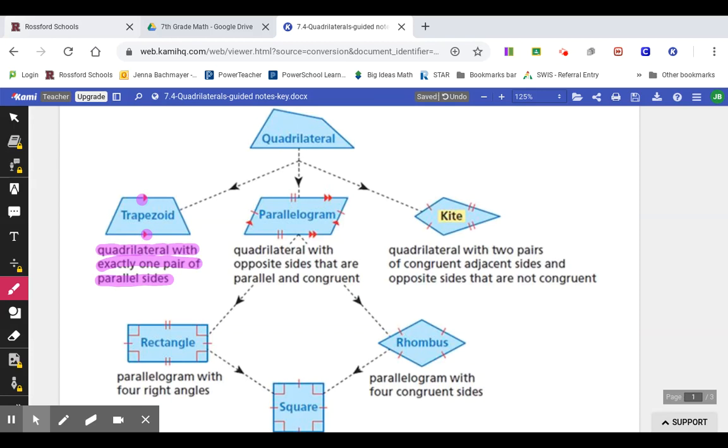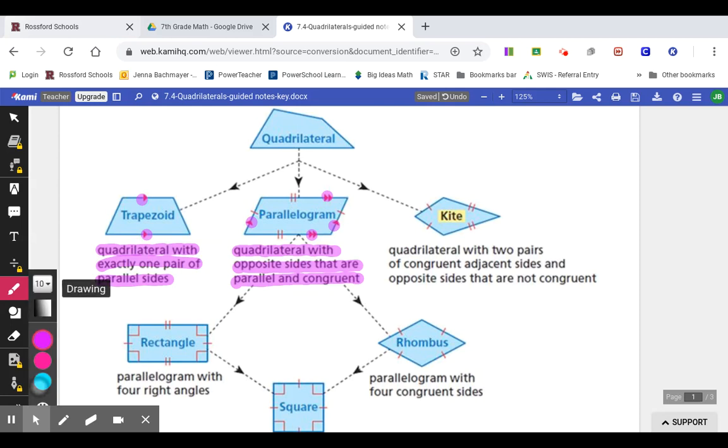If we look at parallelogram, a parallelogram is a quadrilateral with opposite sides that are parallel and congruent. So parallel is going to be, again, these 2 symbols. The one on the left and the right have 1 symbol that identifies that those 2 are parallel, and the top and the bottom have 2 of those symbols identifying that those 2 are parallel.